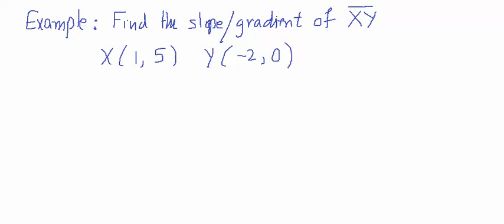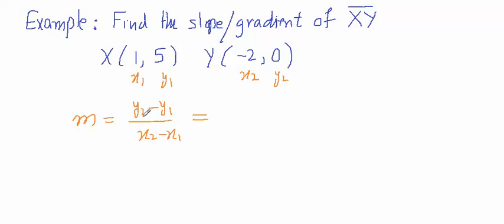So we have to mark that the first one is x1, y1, and the second one is x2, y2. Then the slope m is equal to y2 minus y1 over x2 minus x1. Remember, here we cannot use rise over run because we don't know what the rise and the run are. So only by this formula we can do it.